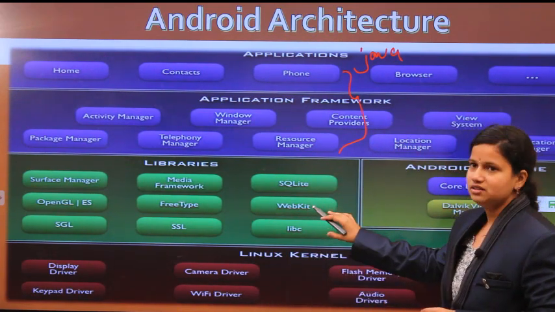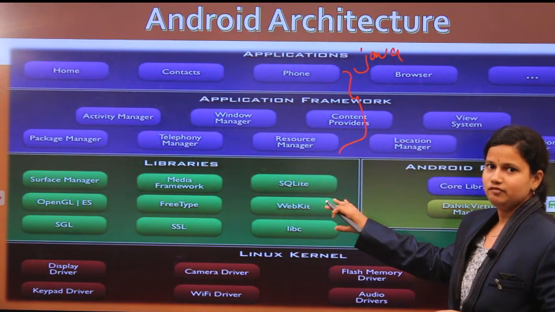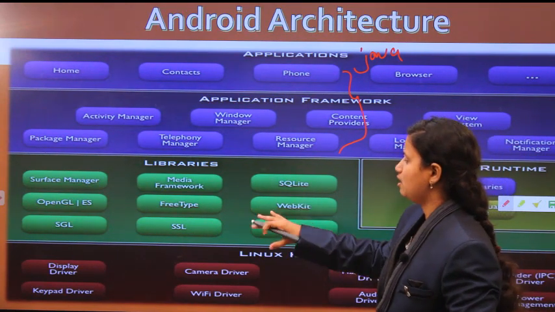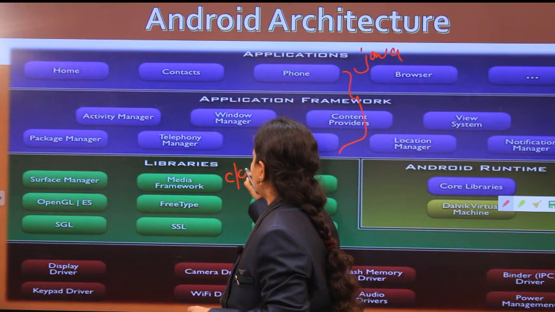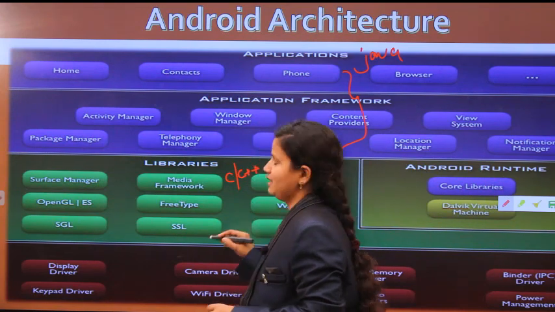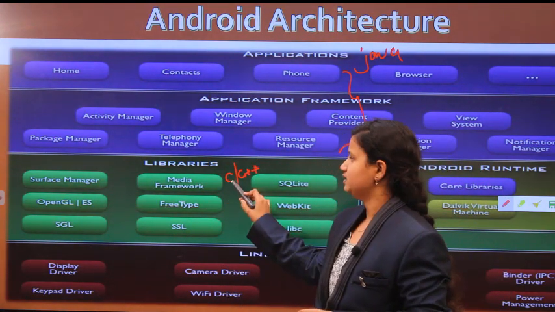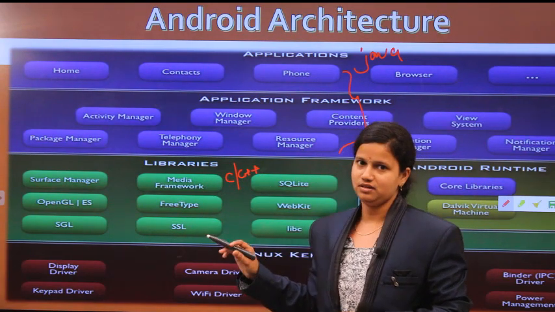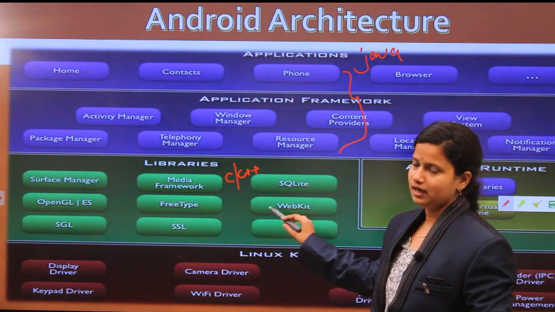And the next one is the libraries. The color of the libraries is green. Why? Because the libraries are all developed in C or C++ language. The libraries are related to the languages C and C++. This is the third section in the Android architecture.